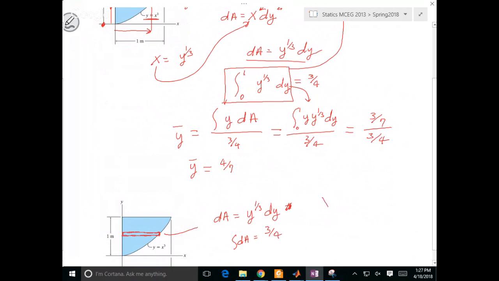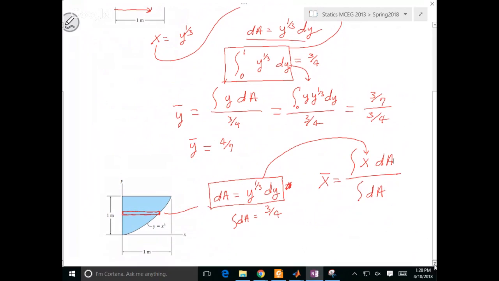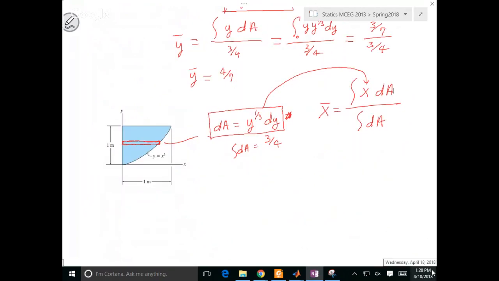But now, if I'm looking for x bar, it's the integral of x dA over the integral of dA. If my bars go from left to right, or horizontal, I can take this and stick it in with this, and I immediately have a problem. And it's not a bad problem. This still ends up being 3/4.